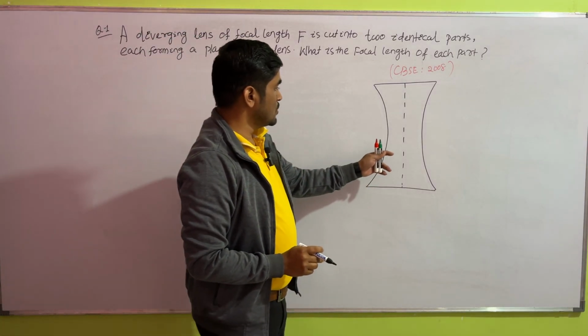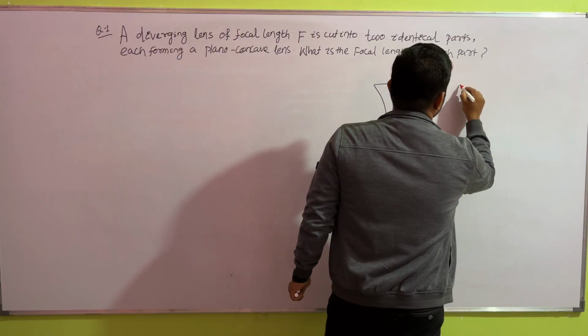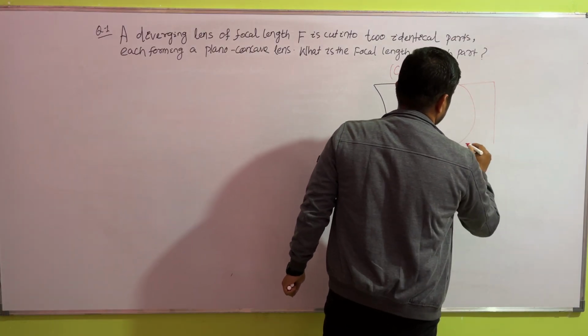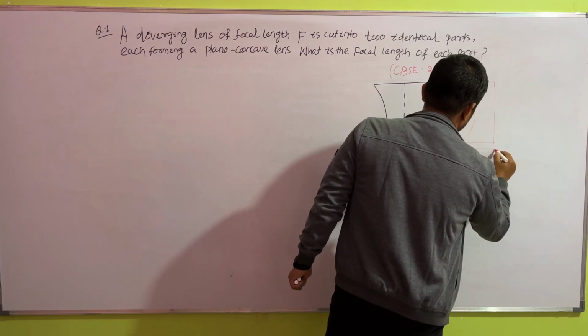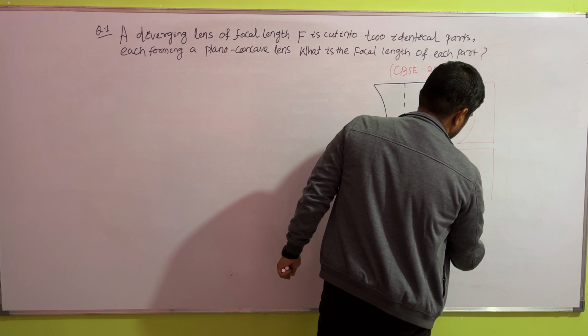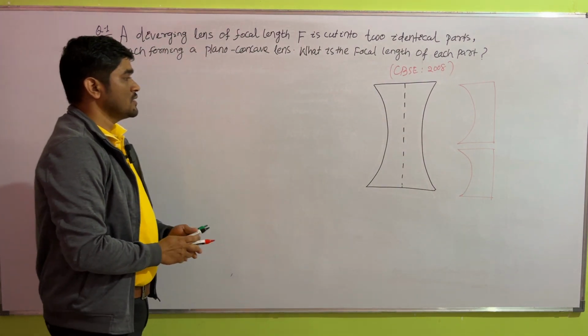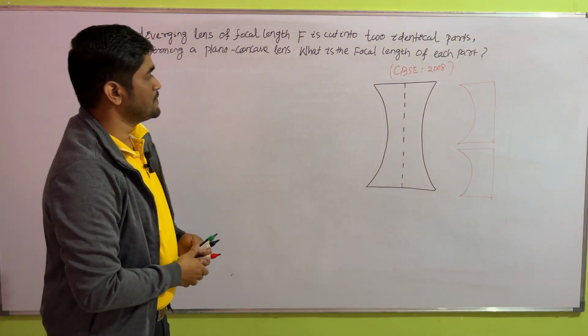So it forms two plano concave lenses. This is one part and this is another part. Clear? So then how does the focal length change?